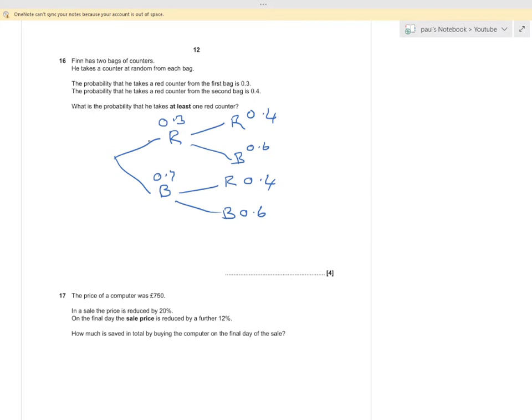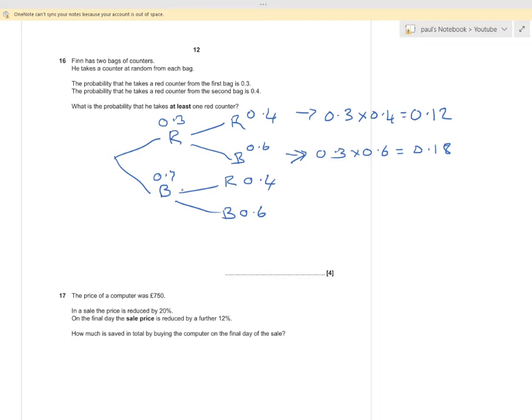So we can do a red this way, which is 0.3 times 0.4, which is 0.12. You can do a red this way, which is 0.3 times 0.6, which is 0.18.